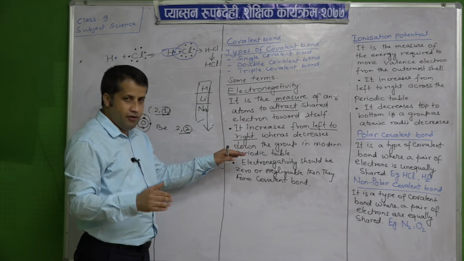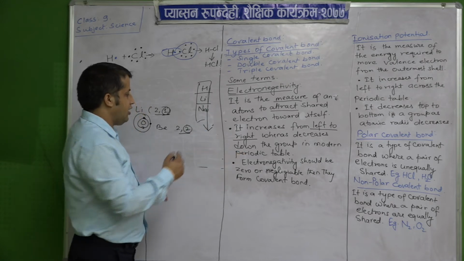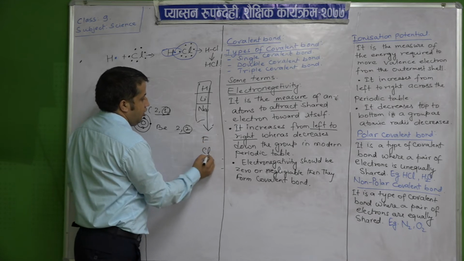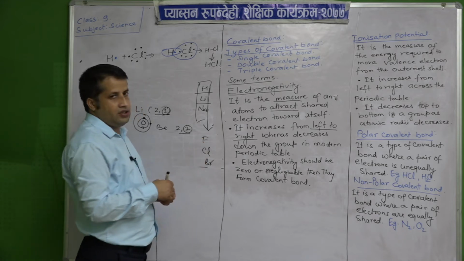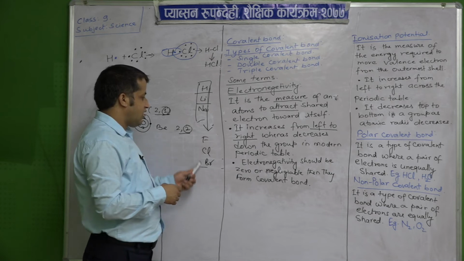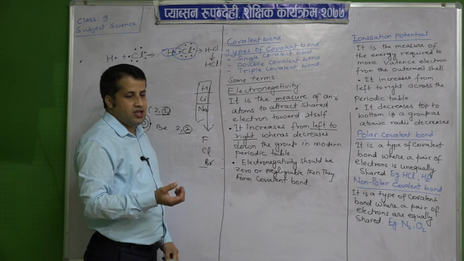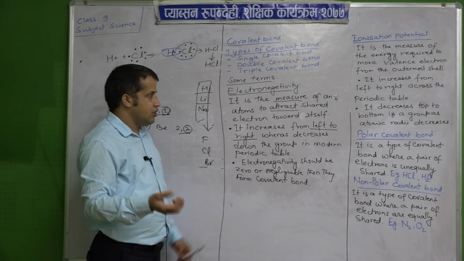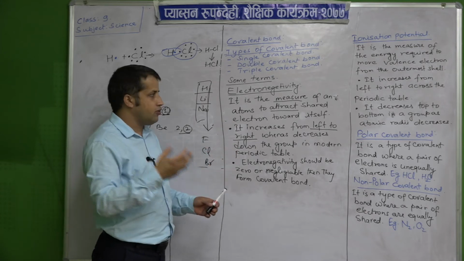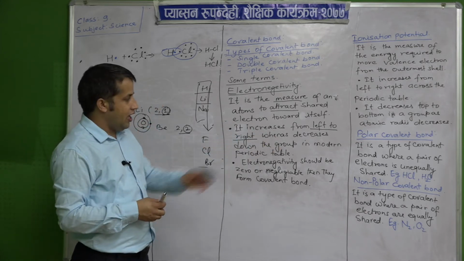So, here we are studying the non-metals, like fluorine, chlorine, bromine, iodine. What happens? Their atomic size goes on increasing, so hence electronegativity goes on decreasing. This is one of the factors which will contribute to the study of polar covalent and non-polar covalent bonds.